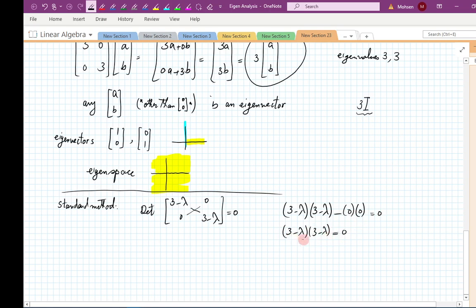Why multiply it out? You can get your solution right here before you multiply anything. Either the first factor is 0 or the second factor is 0. It's already factored for you. Why bother to duplicate your work? So here are my two answers, 3 and 3.